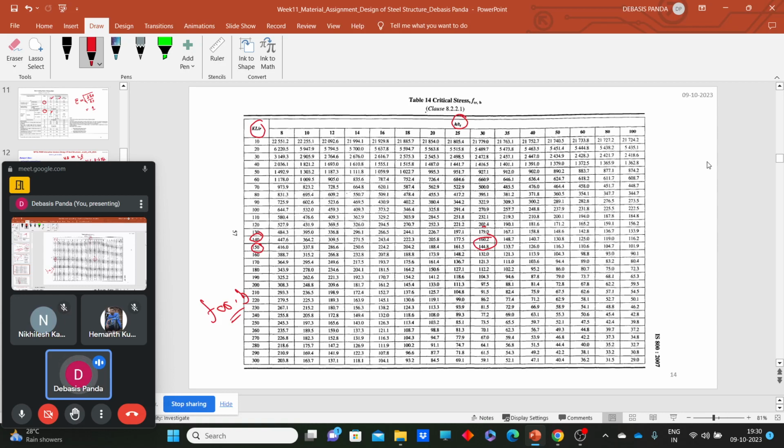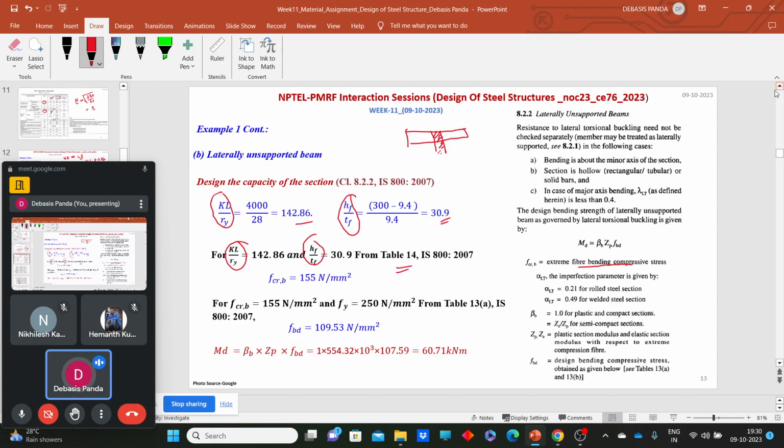So when you have the FBD value, now you can easily calculate the value of design bending strength. So how can you calculate the design bending strength? The formula is given in your code, that design bending strength Md should be equal to beta B Zp FBD. So FBD value you can calculate using the tables. Otherwise, you can calculate the FBD value using the set of equations provided in clause 8.2.2 to calculate the design bending strength of the laterally supported case.